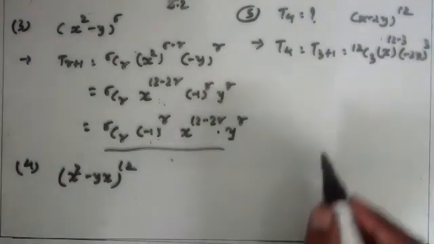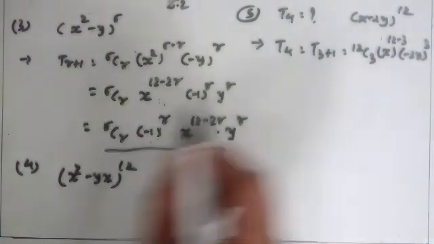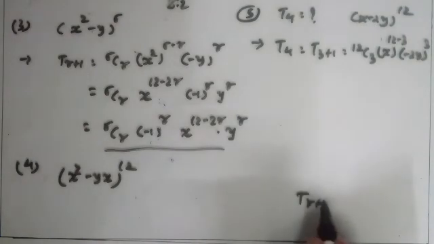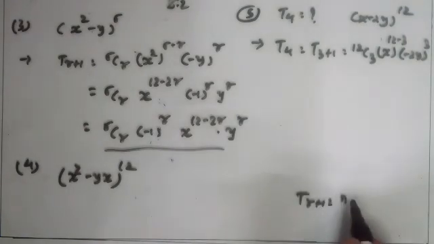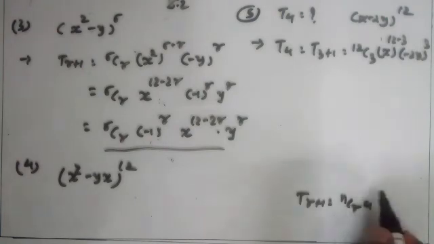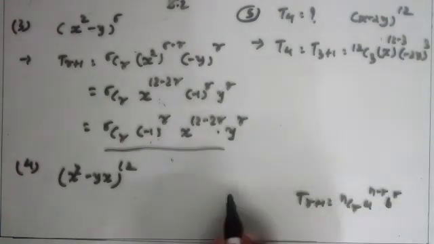Clear? Apply this formula: Tr plus 1 is equal to nCr a raised to n minus r b raised to r in the expansion of (a plus b) raised to n.